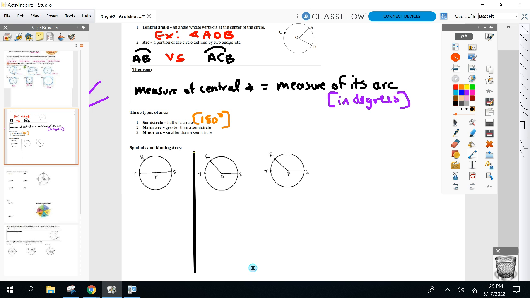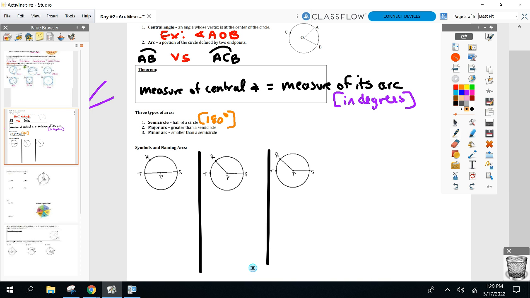All right, I have 3 examples down here. First one, I'm going to ask somebody, name properly a semicircle. So arc blank is a semicircle. Name an arc that's a semicircle here.